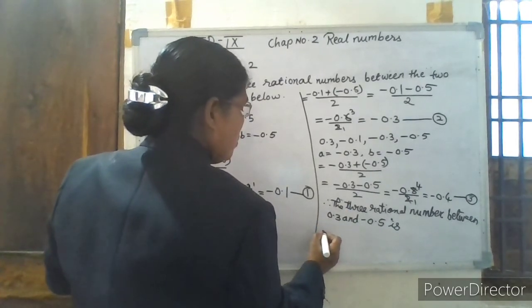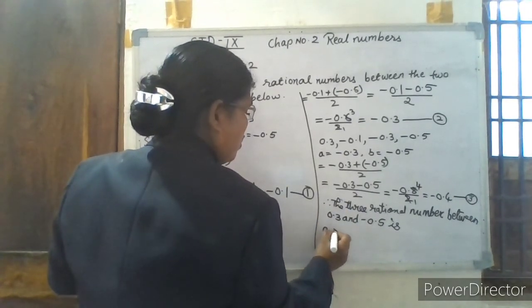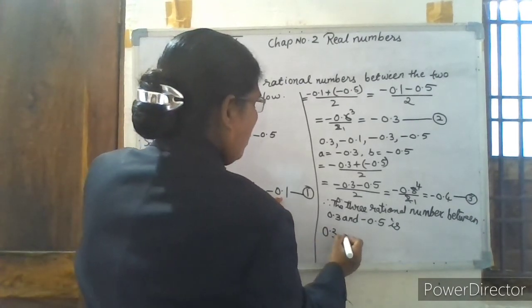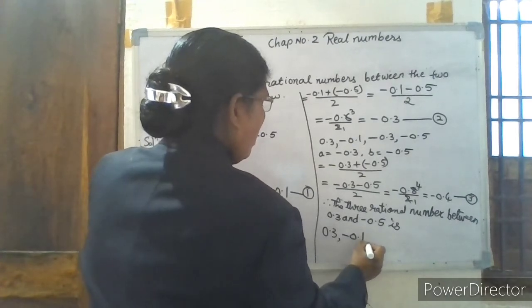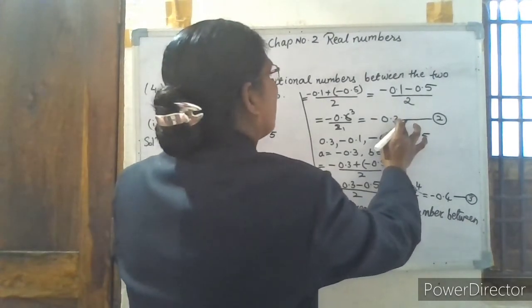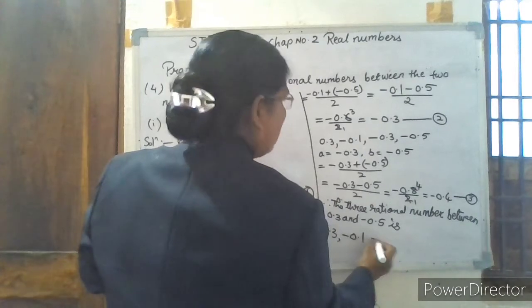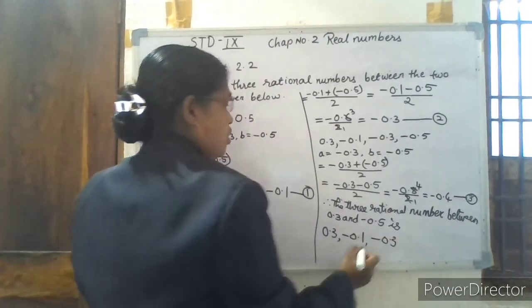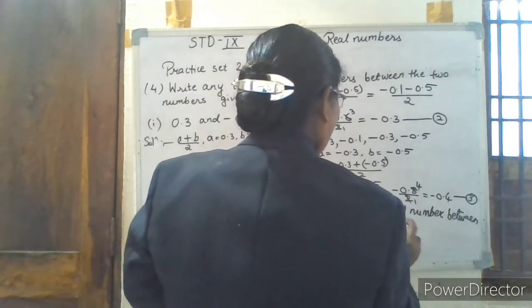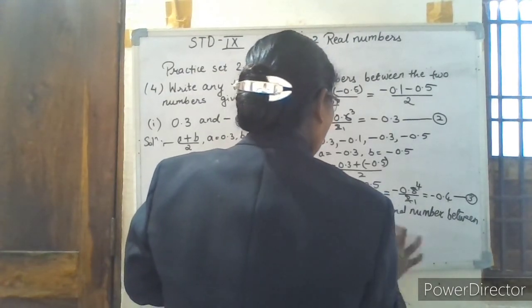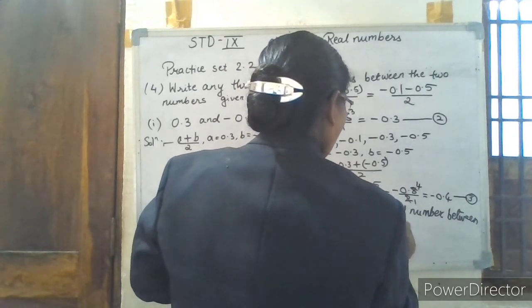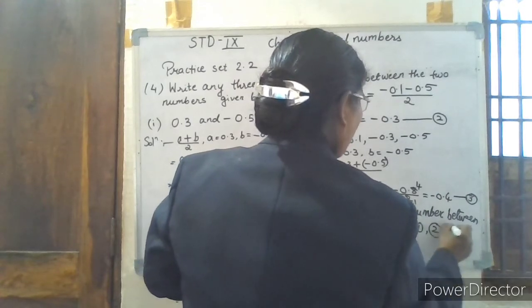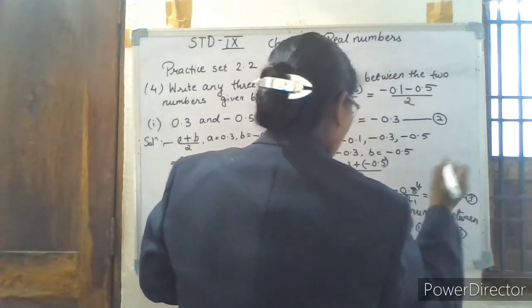That is, first number is 0.3, next number is minus 0.1, next number is minus 0.3, that is, this we get from 1, 2 and 3. This way we can write.